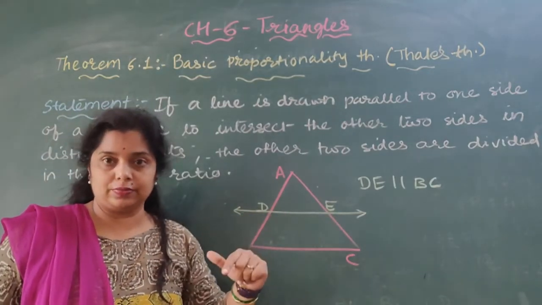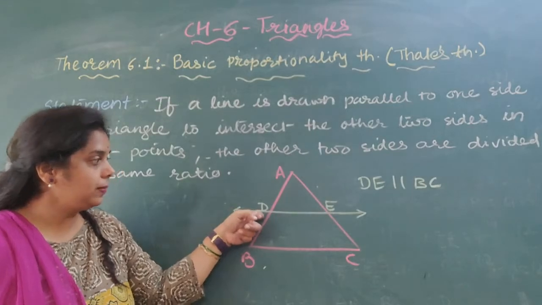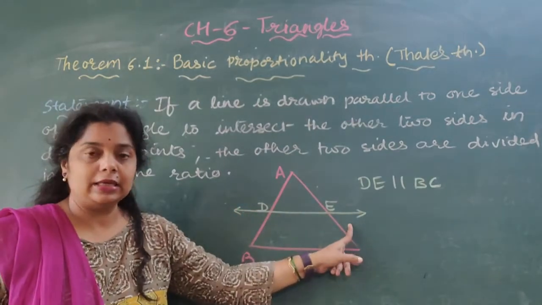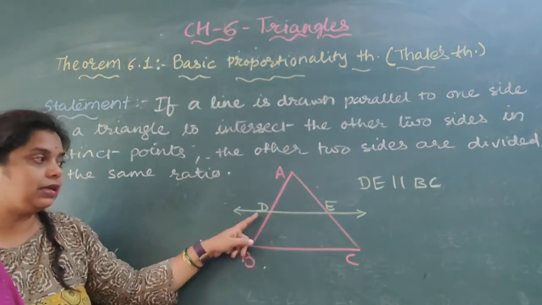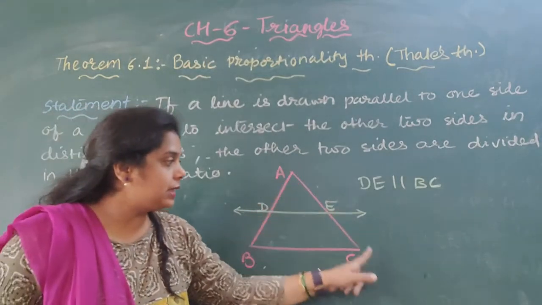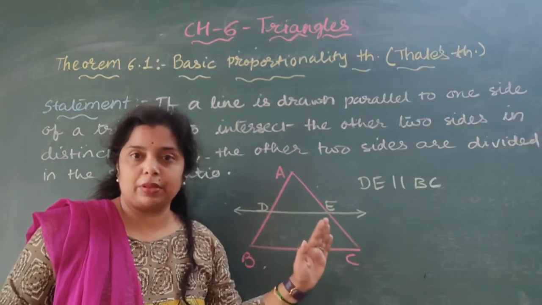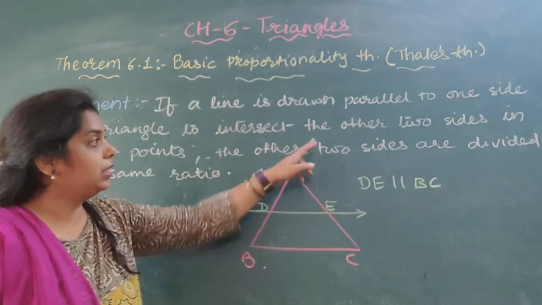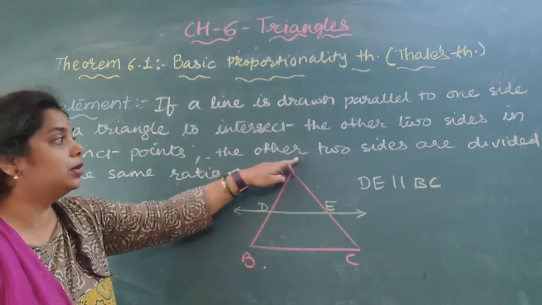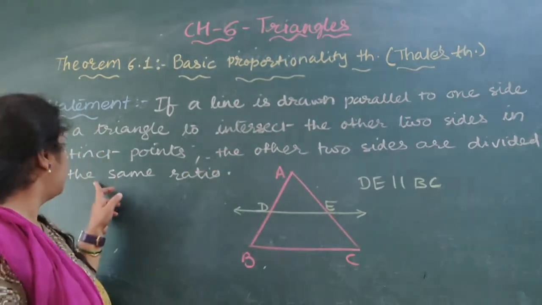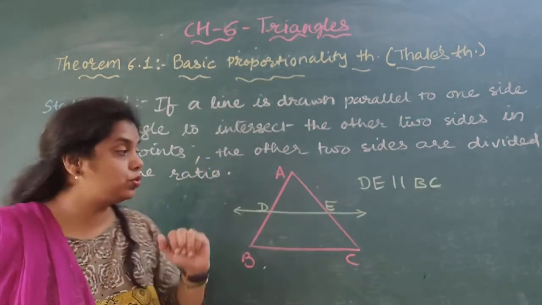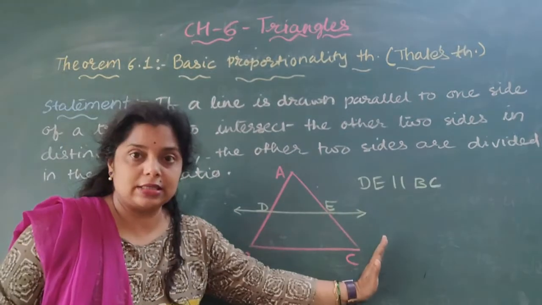Distinct means different. So here this line DE intersects AB at point D and AC at point E. If this happens, then the other two sides are divided in the same ratio. The other two sides means AB and AC.